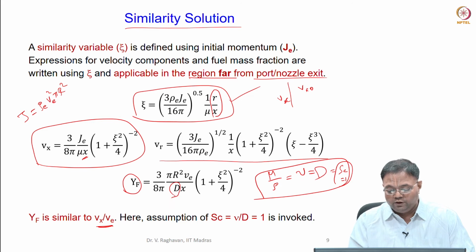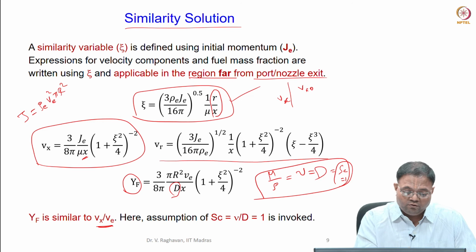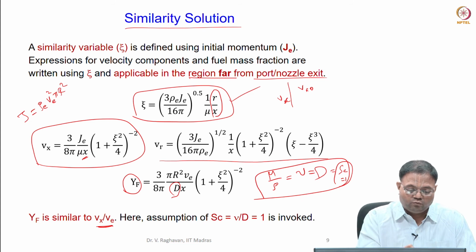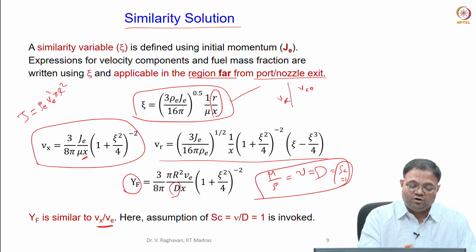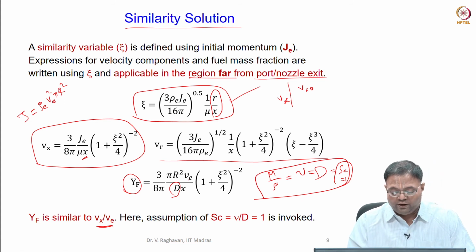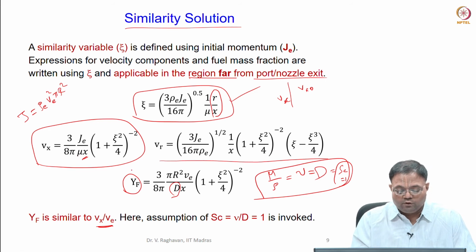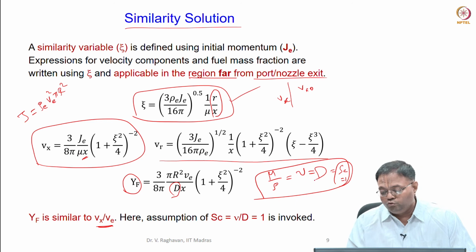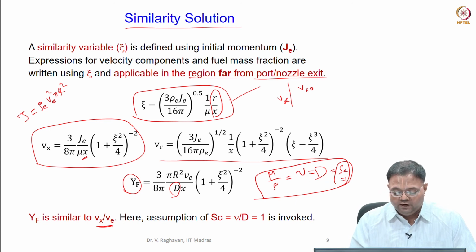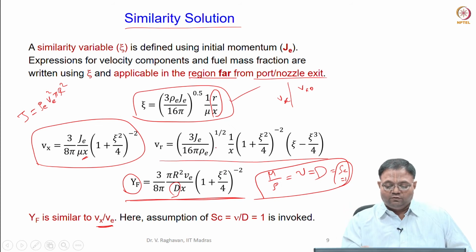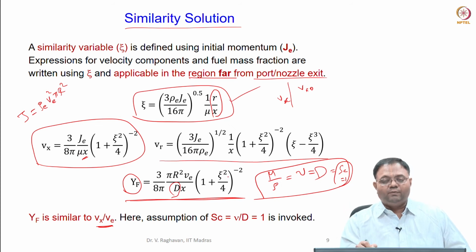So, that is what I am getting here. One of the Ve cancels out because I am putting Vx by Ve, so it cancels one of the V in the product Ve square. So, V alone stays, pi r square stays, and mu with rho at the bottom. So, mu by rho equal to nu, and nu equal to d. So, I am substituting d here. So, this is the variation of Yf. Because R and X are there, it is applicable to any radial location.